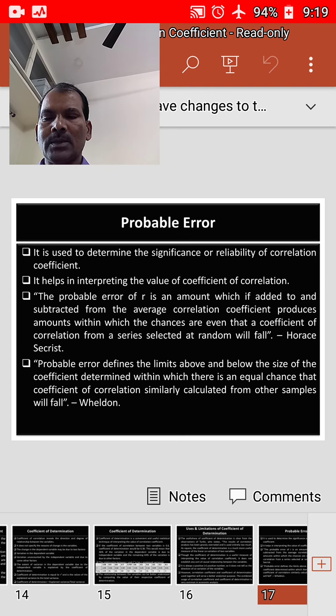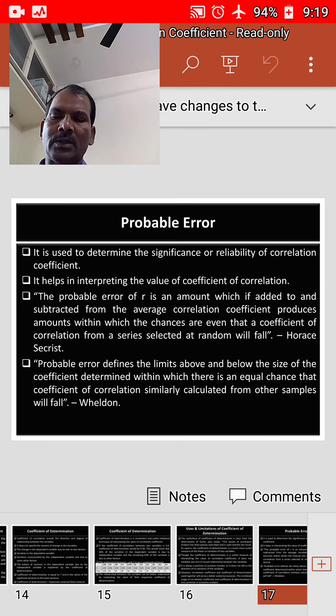According to Walden, probable error defines the limits above and below the size of the coefficient determined within which there is an equal chance that coefficient of correlation, similarly calculated from other samples, will fall.